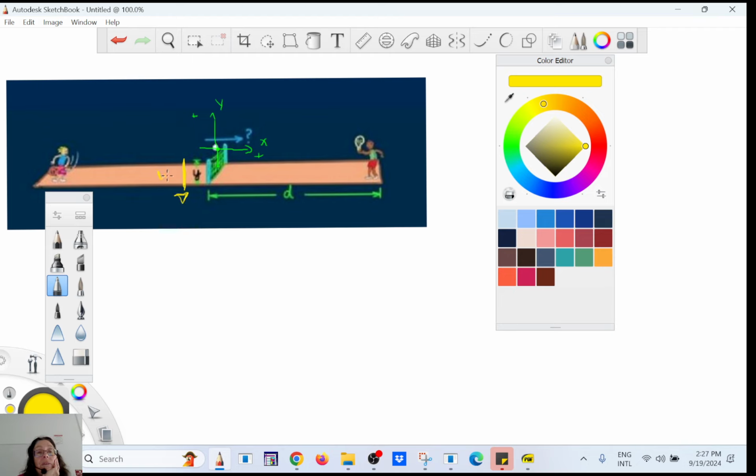That's going to be 1 meter. It's given. That's the height of your net. And the x displacement is 10 meters. That's how you translate the information that is given to you. And you want to find the initial horizontal velocity.